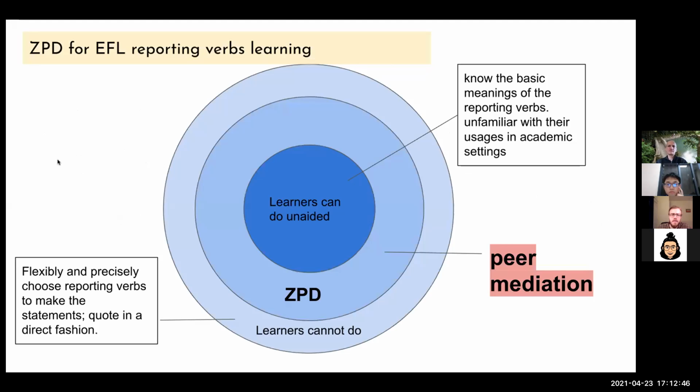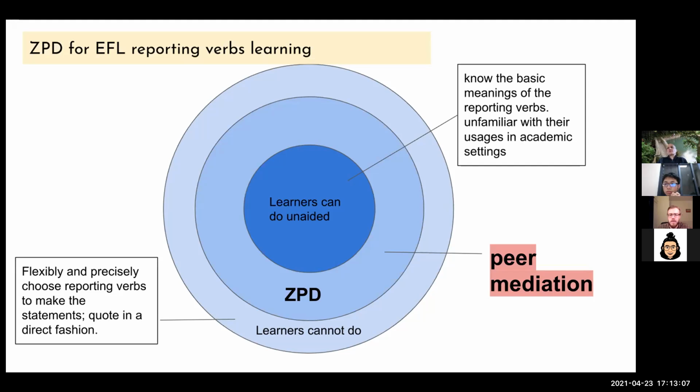So this is where we try to define the ZPD of our learning process. Learners who can do it without guidance should be able to know the basic literal meaning of the words. However, they're not familiar with the usage, especially in academic settings.